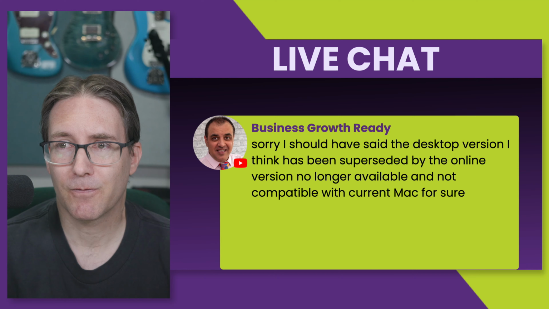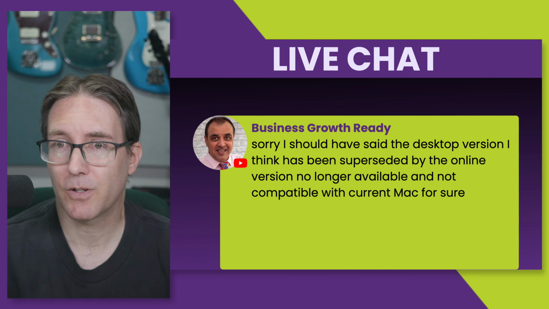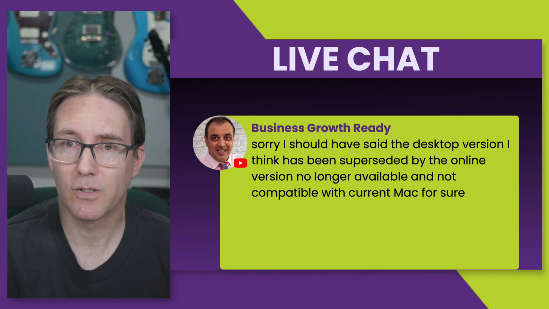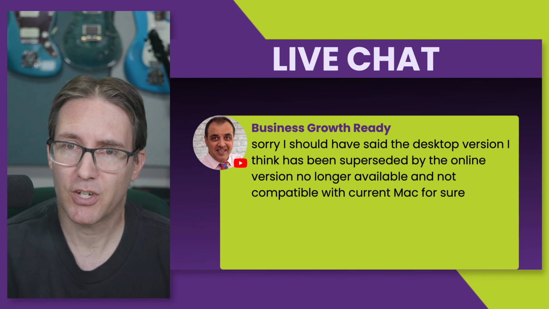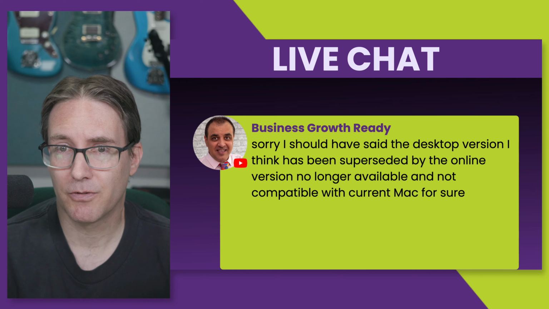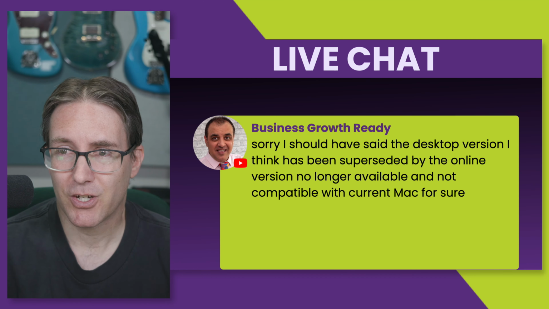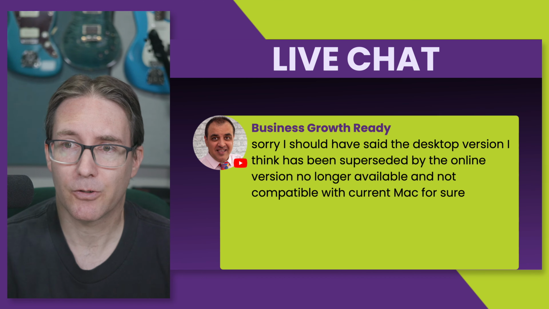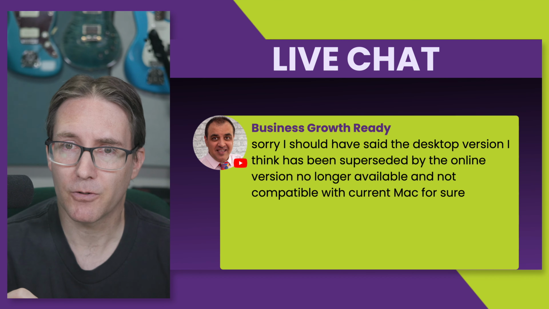I would hope that they're continually improving their algorithms. So chances are, unless they're still updating the desktop version, the results online are going to be a little bit better than what the desktop version offered.